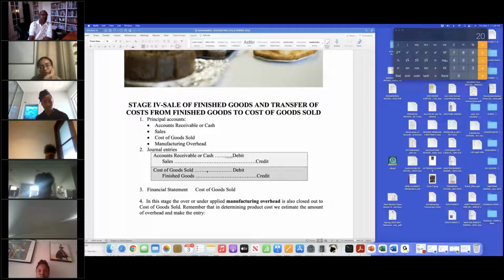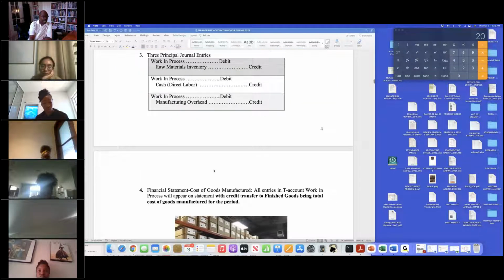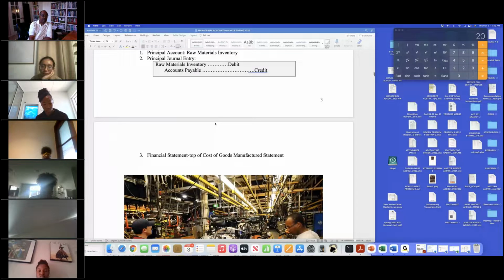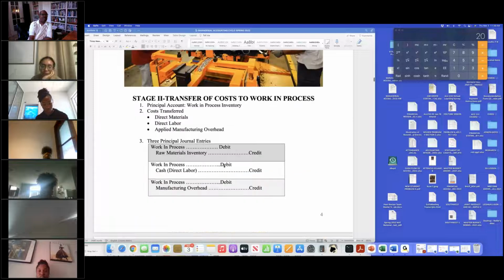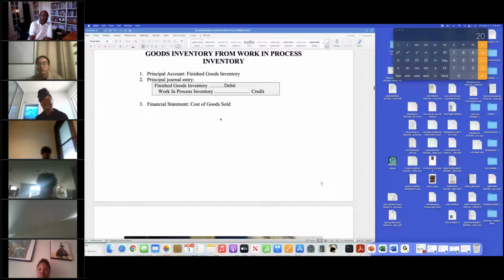So going back, we got stage 1 journal entries. Then we got stage 2 journal entries. Then we got stage 3 journal entries, which at times might cause some problems because we don't finish everything.